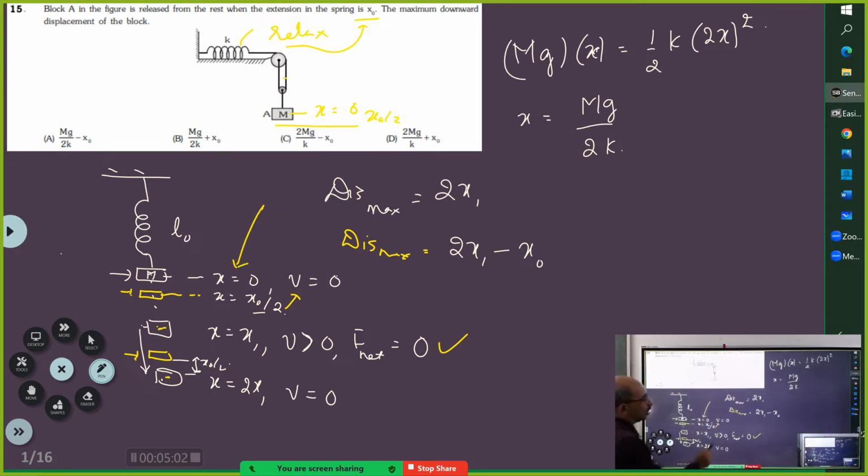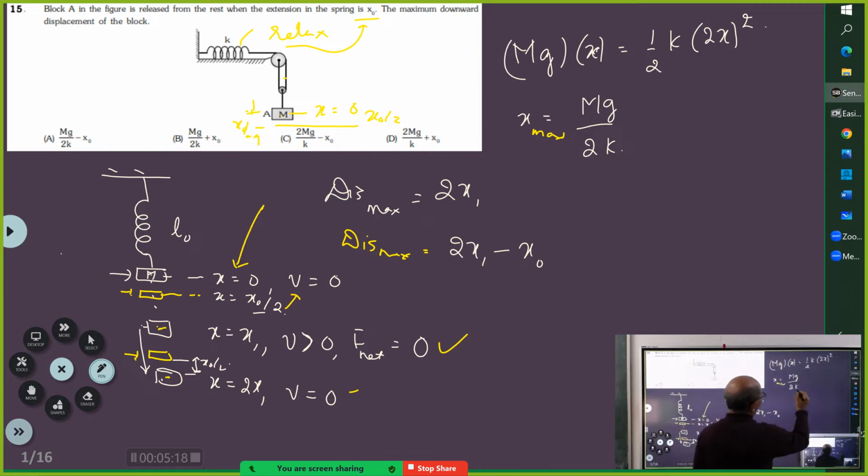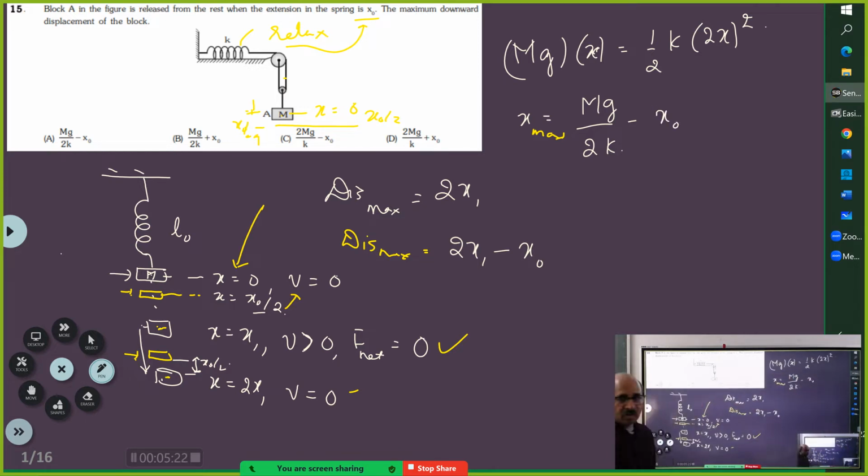So this would have been the maximum displacement had I released it from this. Since it is released by x naught, this would have come down to x naught by 2. The same logic holds good, and therefore the max will be this minus x naught. Clear?